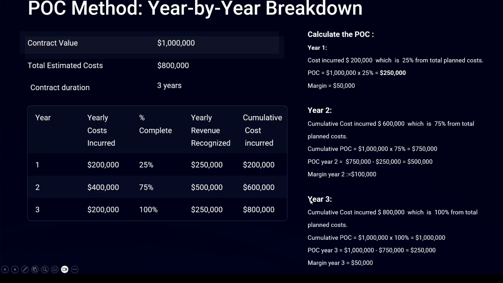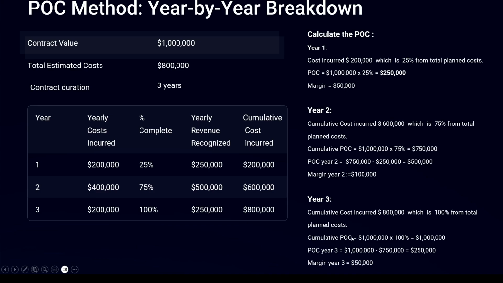Then let's move to year 3. We have total costs for year 3 of 200,000, with the addition of the different costs incurred in the last years. We get a percentage of completion of 100%, which is the total cumulative cost of 800,000, which is 100% of the total estimated cost for the project.